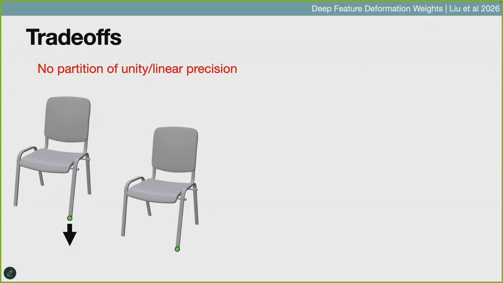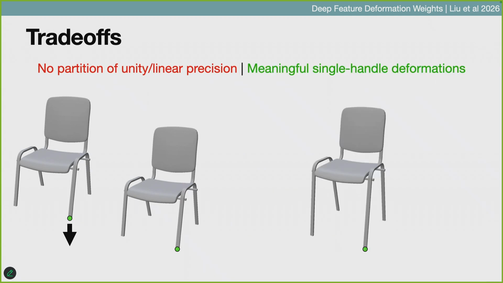So in the case of a single handle translation on this chair, you're just going to pull that whole chair down. But on the other hand, single handle transformations maybe are desirable. And that's what we enable by sacrificing this property.